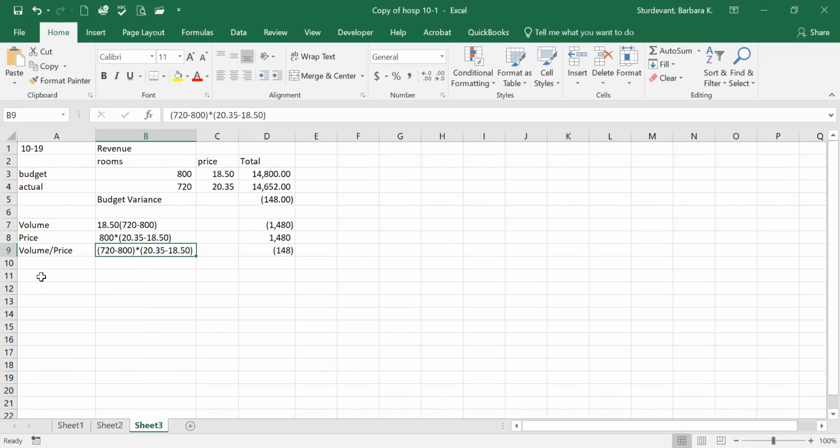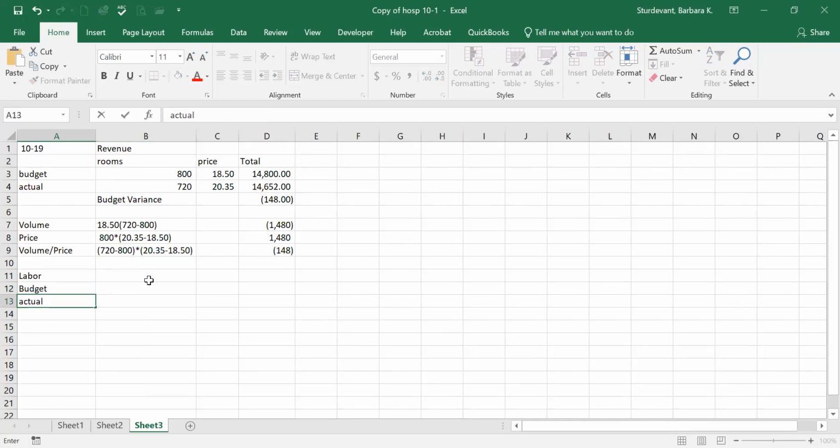Okay. Then we're going to go down to the second part of that, which is doing the labor ones for the same business. So now we have the budgeted and the actual.